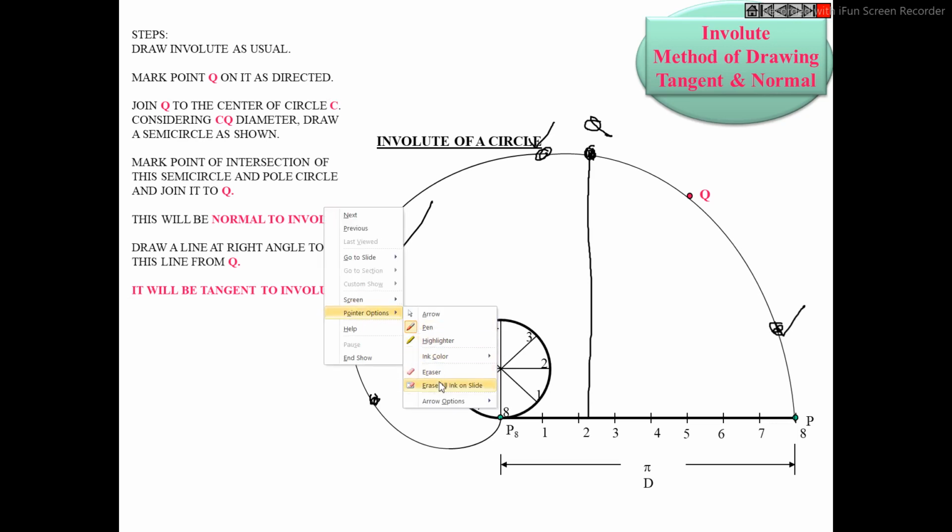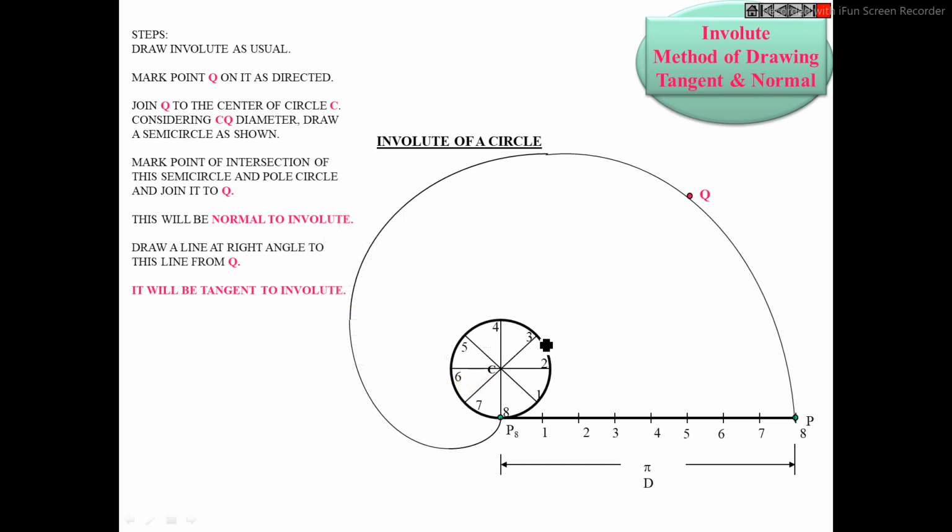Yes, sir. Clear. Okay. So we have arbitrarily chosen one point on the periphery of the curve. From this point, the tangent and normal of the curve will pass. So the procedure is, join this point Q with the center point C of the circle.